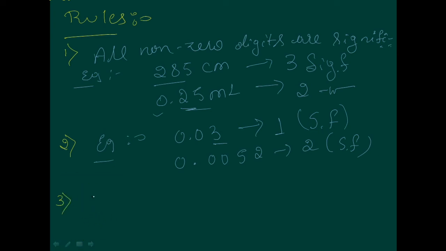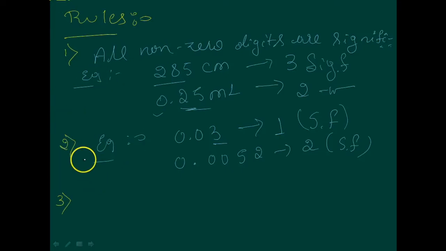Zeros between two non-zero digits are significant. I will give you an example, please note it down. Zeros in between the non-zero digits.